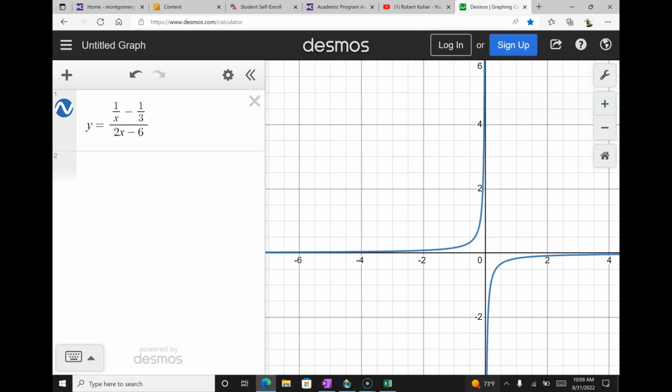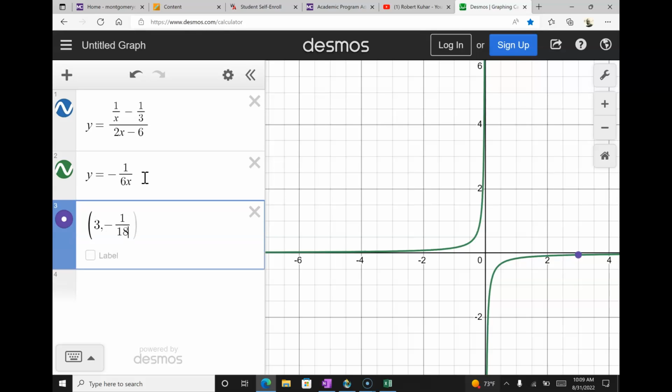I put in my replacement function. Still an issue, 0, right? But not the point 3. 3 is fine. 3 comma negative 1 over 18, was it? Pretty cool, right? Easy.